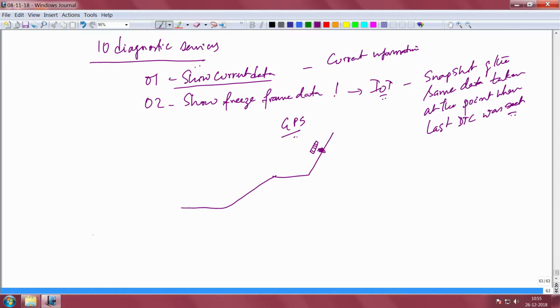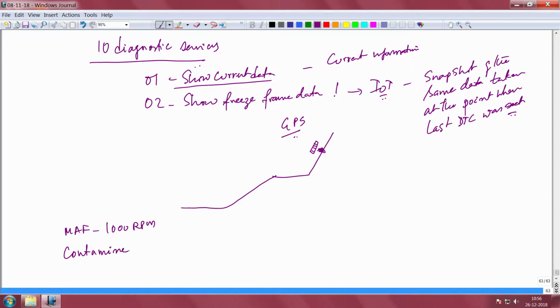Often you will see that the mass airflow sensor readings are measured at different RPMs. You measure MAF at 1000 RPM, then you measure the MAF at 2000, so on, 3000.